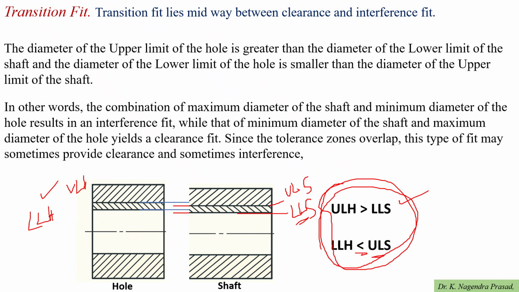In this position, the tolerance of the hole as well as the tolerance of the shaft is overlapped. So depending upon the dimensions of the hole and the shaft, this type of fit may sometimes provide clearance, or sometimes it will provide interference.